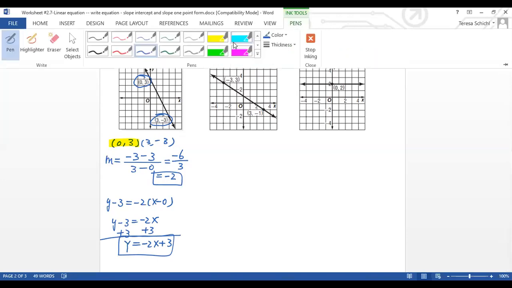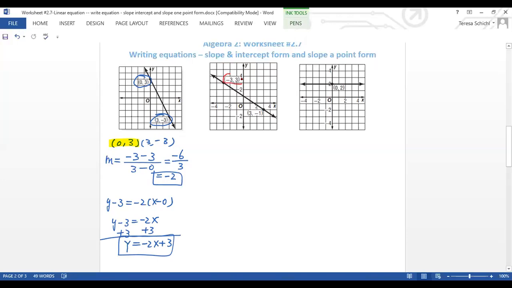Okay, so now let's take a look at the next one. I have 2 points also: (-3, 3) and (3, -1). In this practice, the problem gives you the points. Sometimes in the SAT exam, they're not going to give you those points, so you just need to look for the points where the line touches the coordinates exactly.